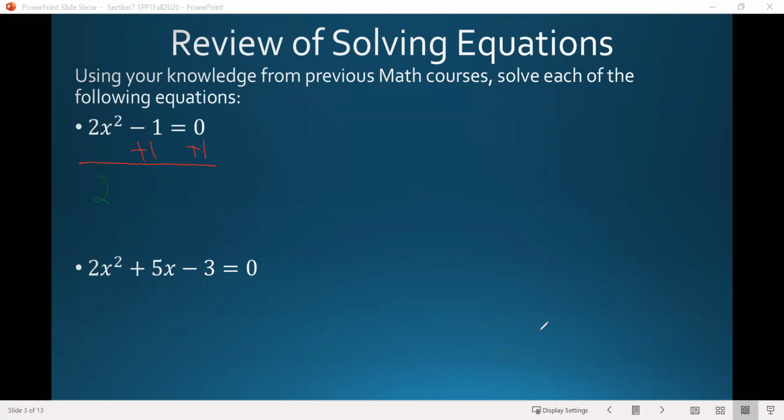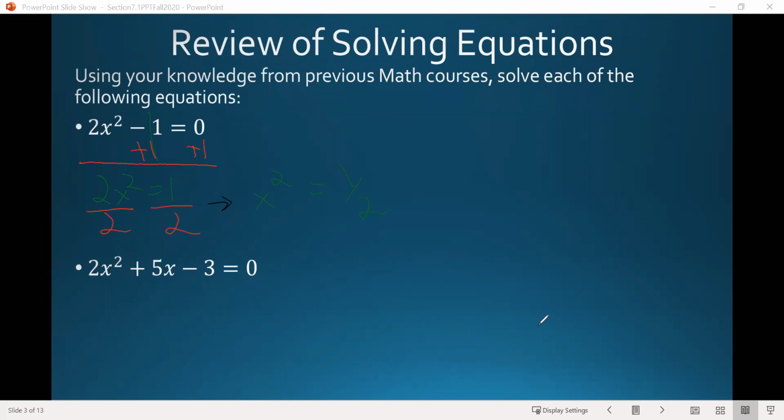We do that, and we'll end up with 2x squared equals, these cancel, positive 1. We then divide by 2 on both sides, so we will end up with x squared equals positive 1/2.